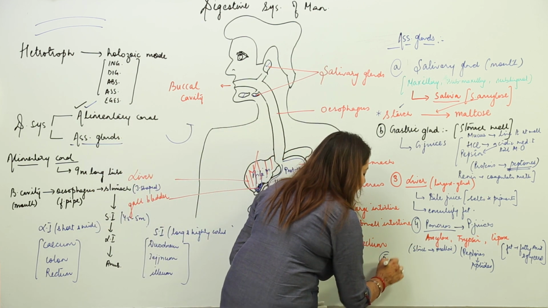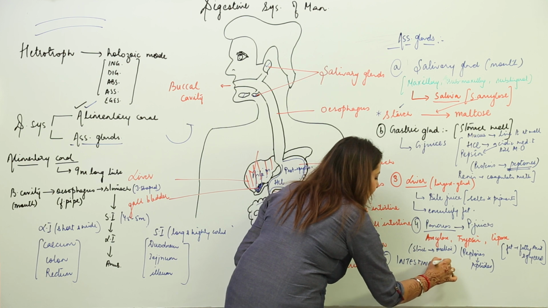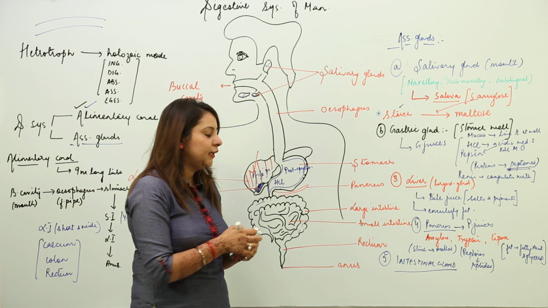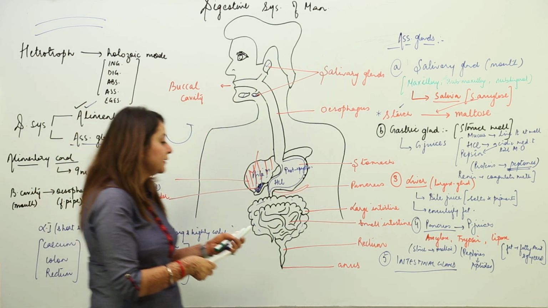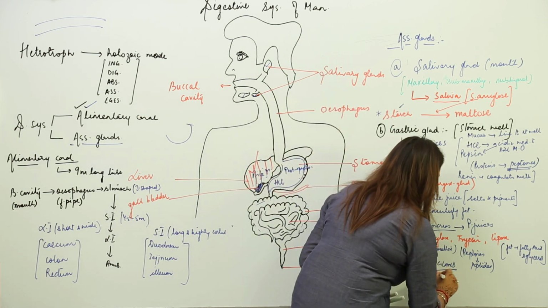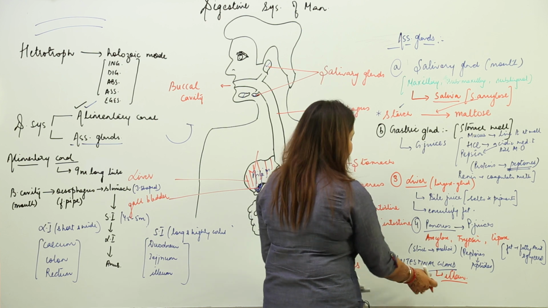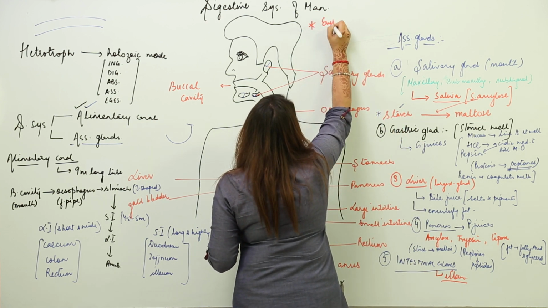That gland is the intestinal gland. It is present in the last part of the ileum, the small intestine. So what enzymes does it secrete? I am going to write it here. The ileum secretes erepsin.